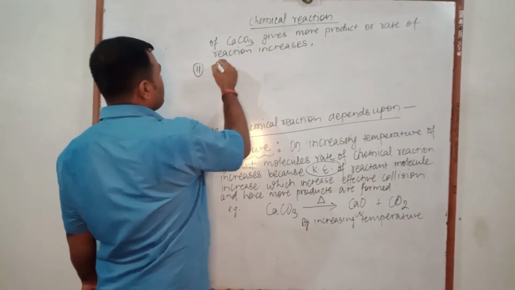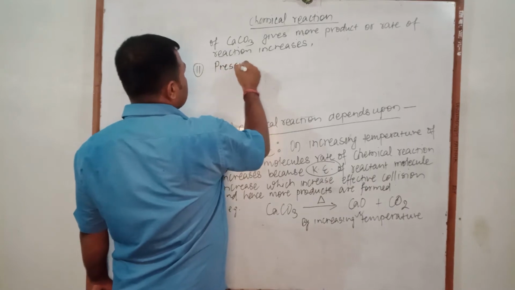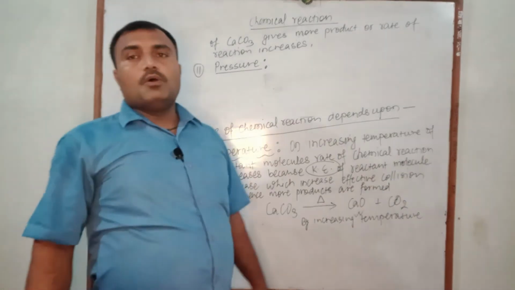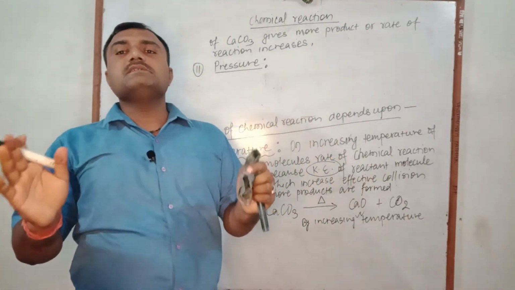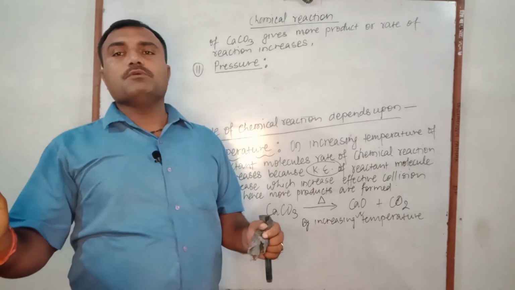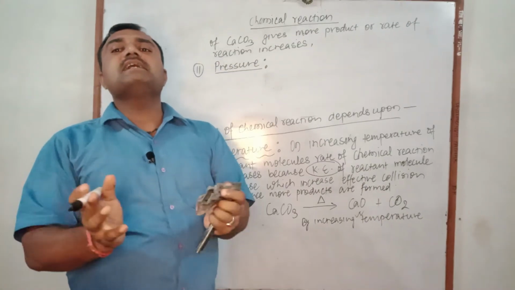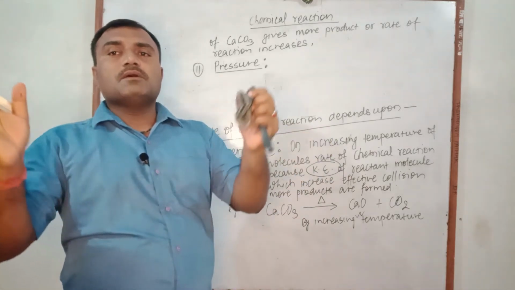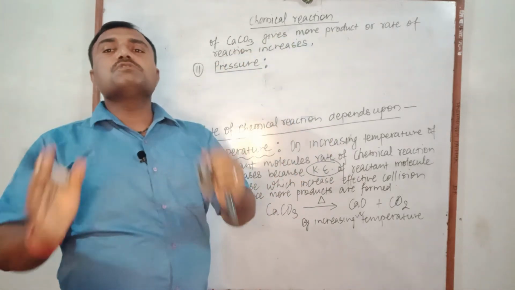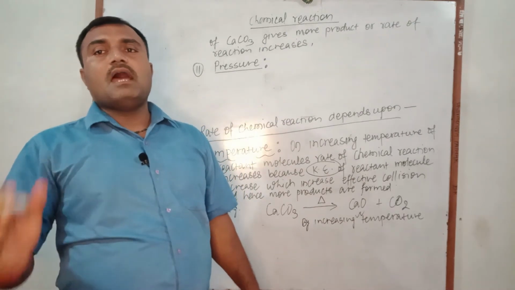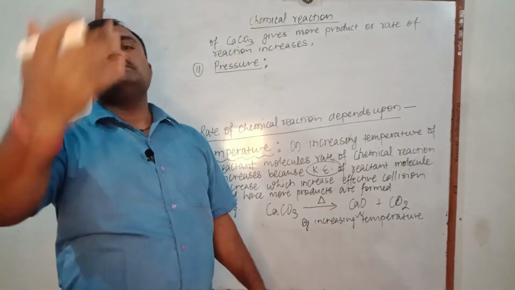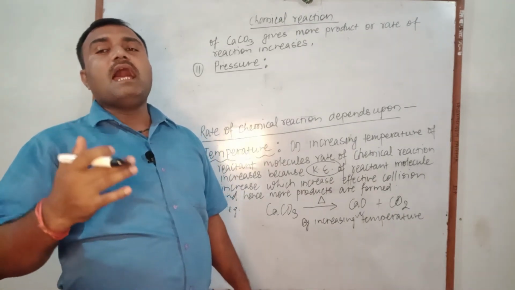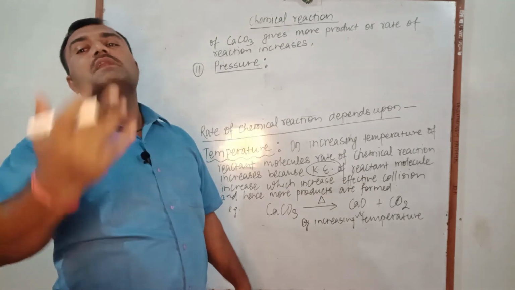Another factor is pressure. When we increase pressure on reactant molecules confined inside a closed container, the reactant molecules come closer and there is a high chance of collision. The rate of collision increases, and in this way the rate of chemical reaction increases.